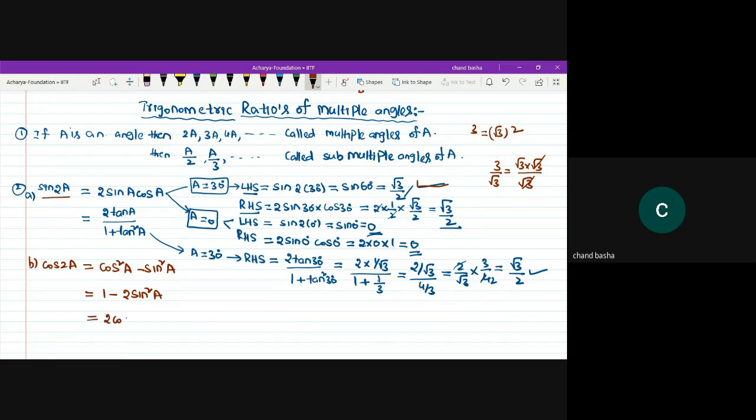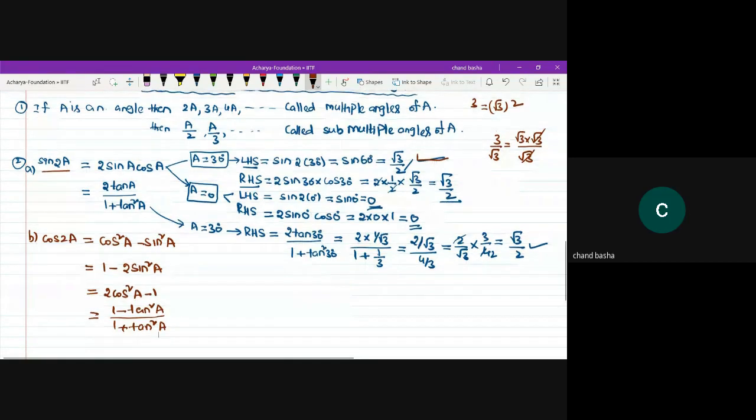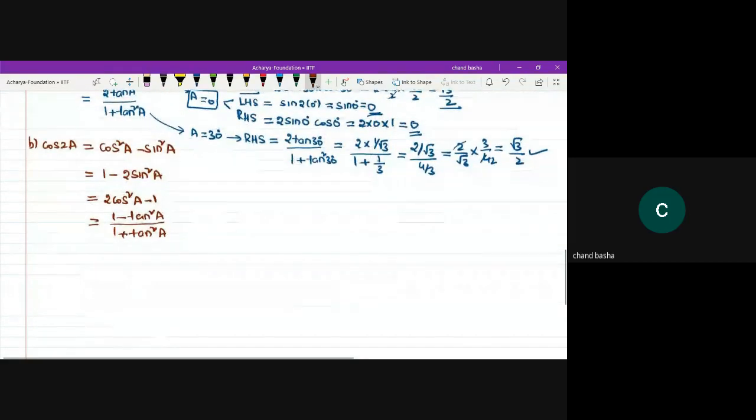And I can also write it as 2 cos square A minus 1. And I can also write it as 1 minus tan square A divided by 1 plus tan square A. So how many formulas are there for the cos function? Total 4. You can write cos and sine only in terms of sine, only in terms of cos, or only in terms of tan. There are 4 formulas.